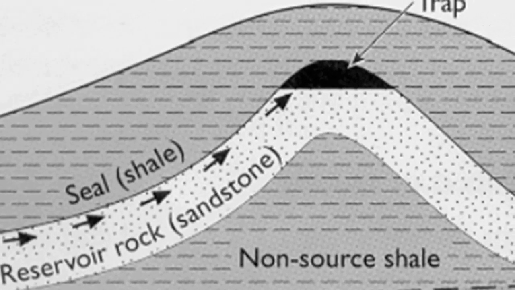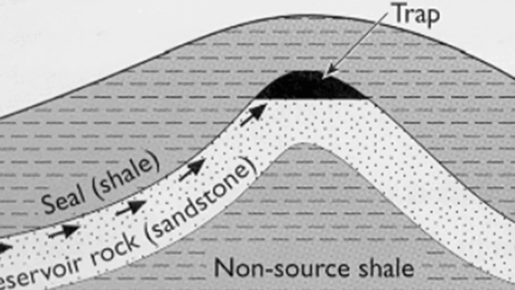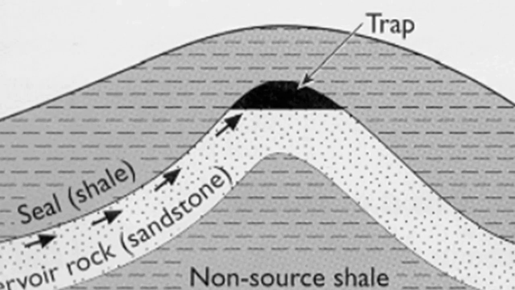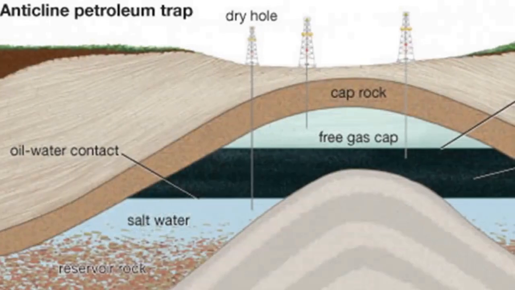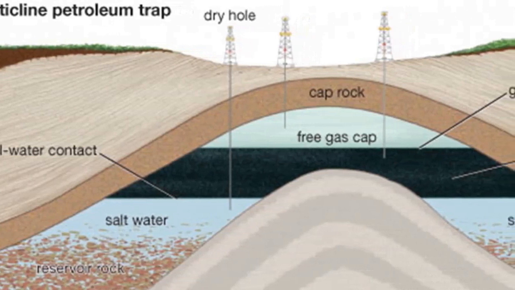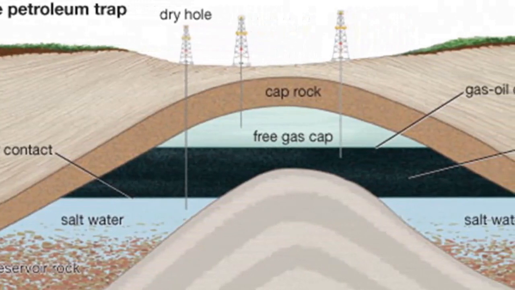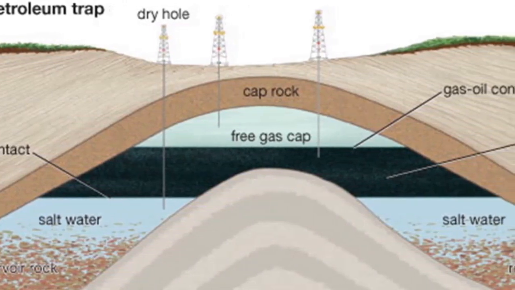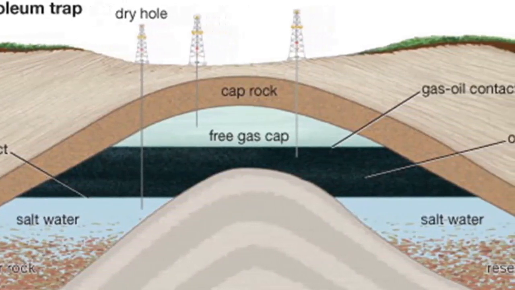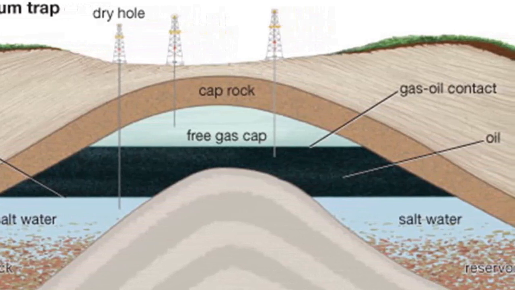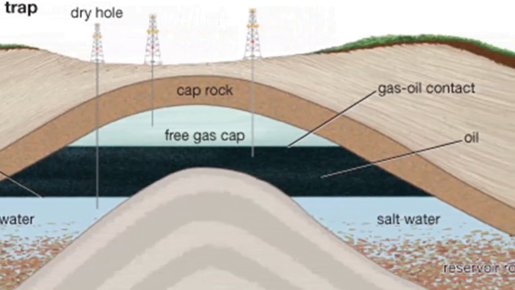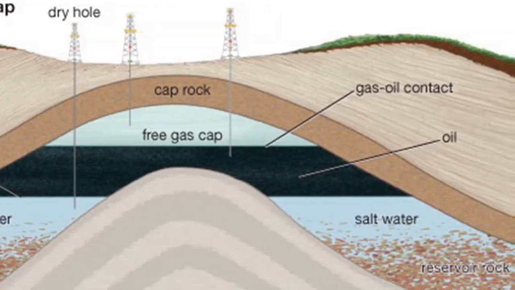One of the simplest traps is an anticline, a folded, up-arching series of sedimentary strata. As the strata are bent, the rising oil and gas collect at the apex or top of the fold. Because of its lower density, the natural gas collects above the oil.